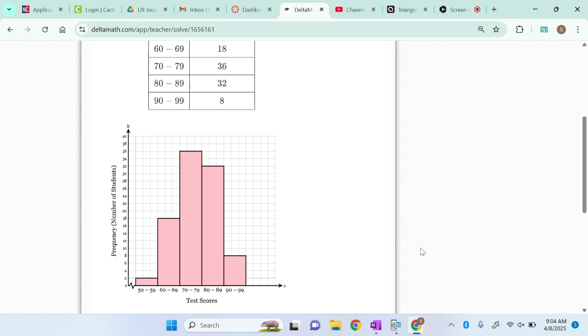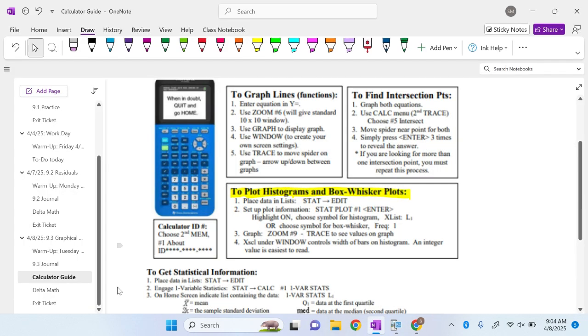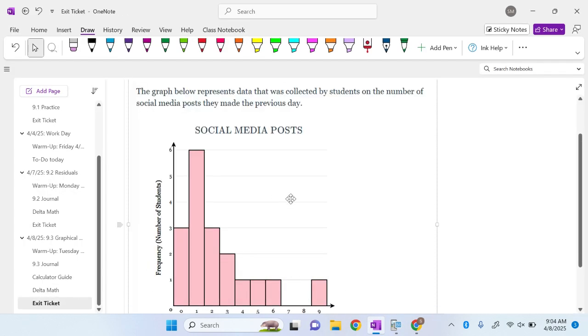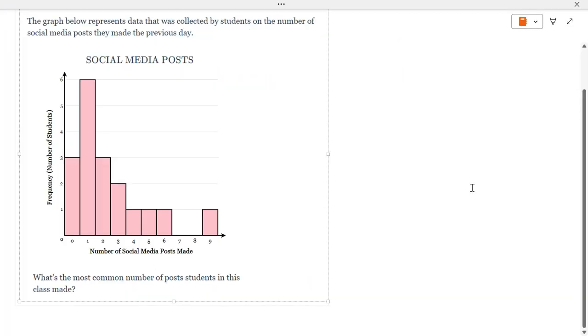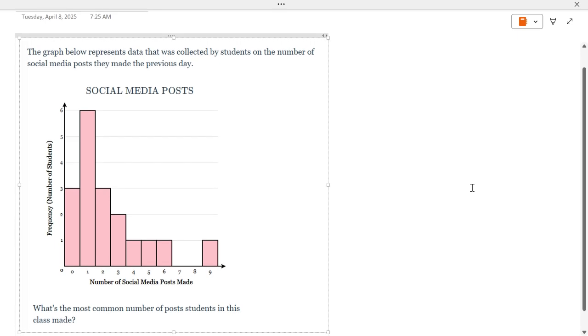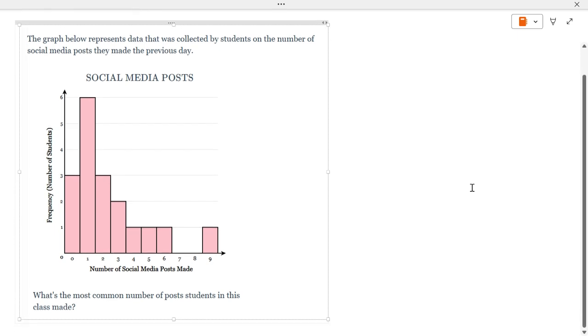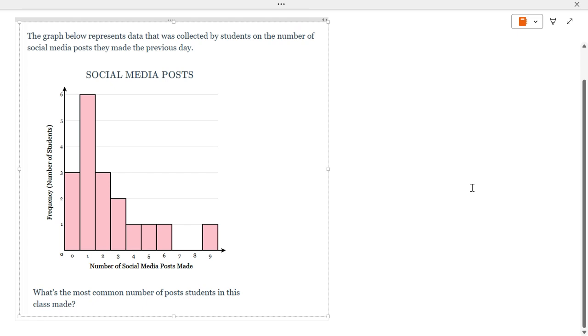So go ahead and get started. I'll go ahead and post the exit ticket too. If you can't see the exit ticket, it's also posted in Canvas.